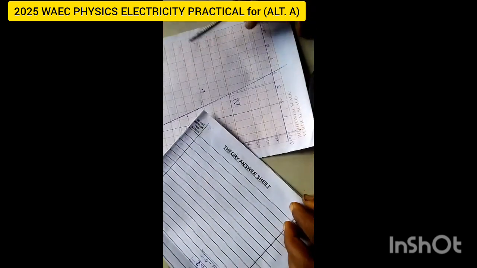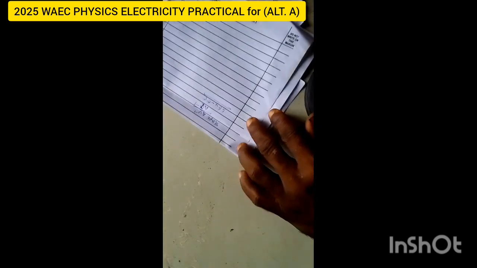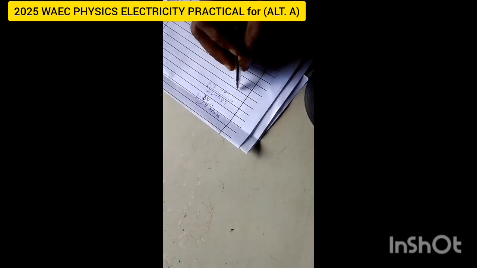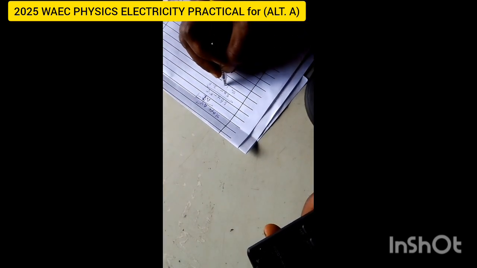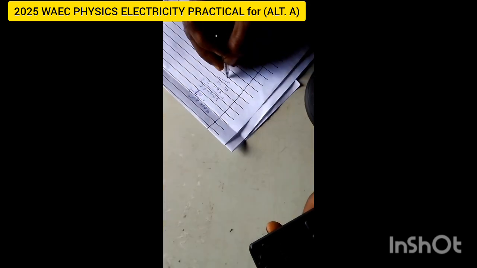So we now have 3.4 minus what you have here, which is 2. So we'll write it here, 3.4 minus 2.0. Therefore, our slope will give us 1.1 all over 3.4 minus 2, which will give us 1.4.